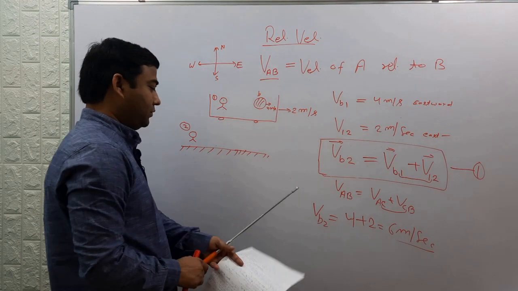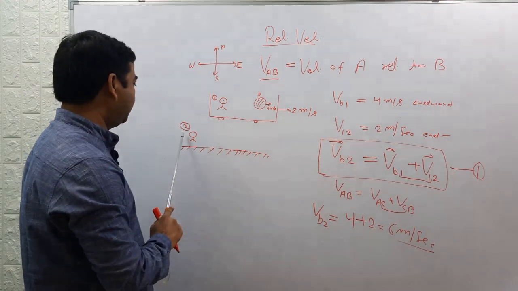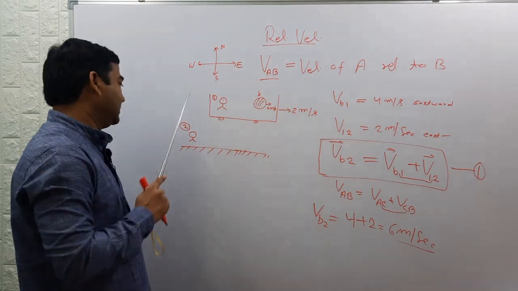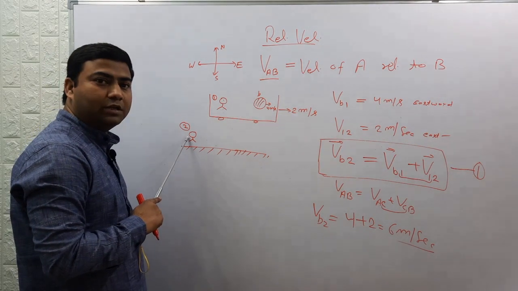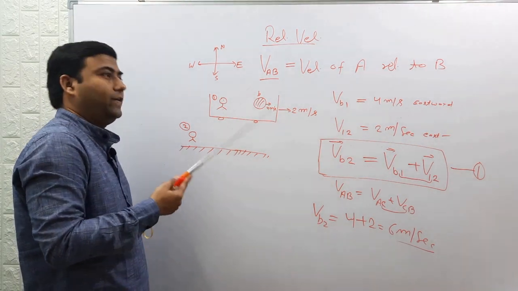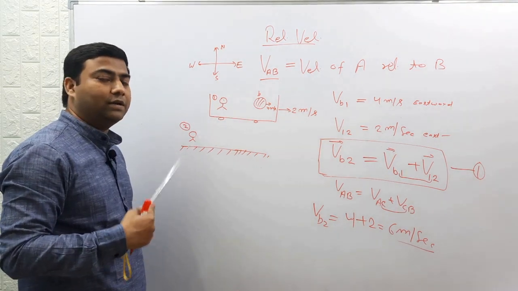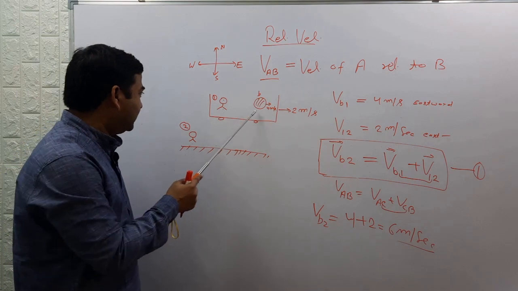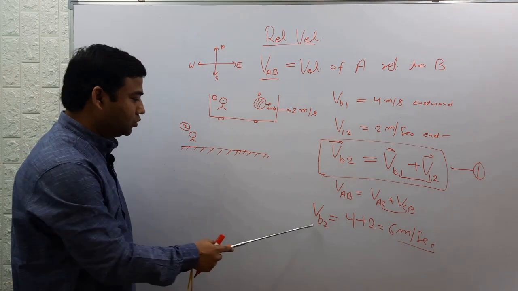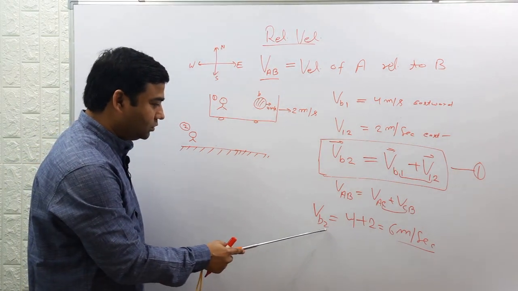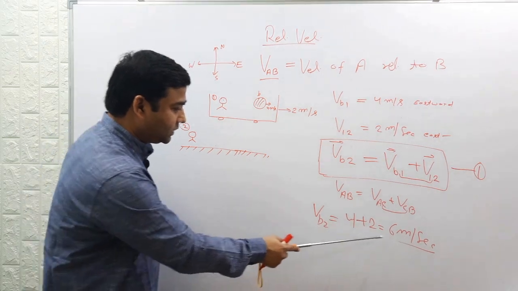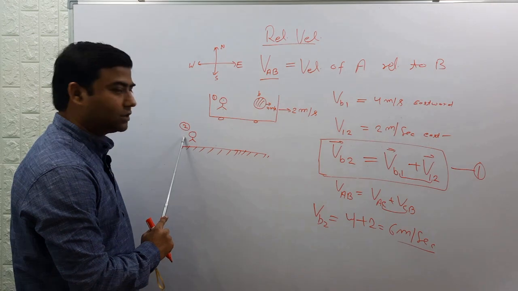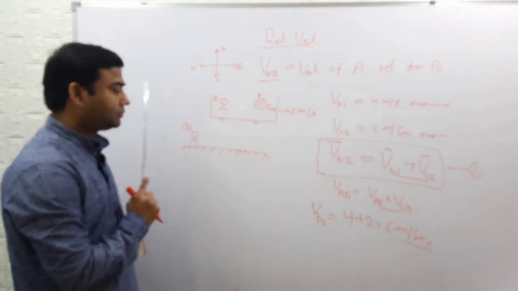That is the velocity of the ball with respect to this observer, or the velocity of the ball as seen by observer 2, or as felt by observer 2. Whatever you say, the ball is moving with a speed of 6 meter per second with respect to observer 2.